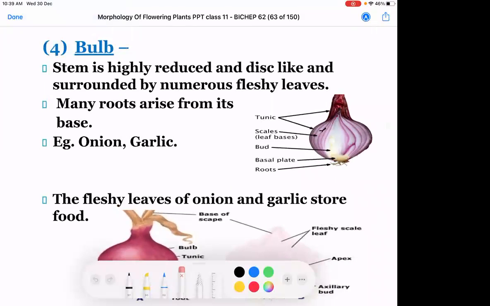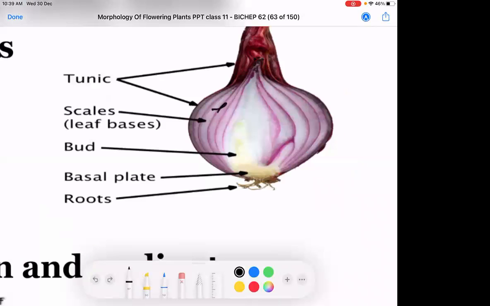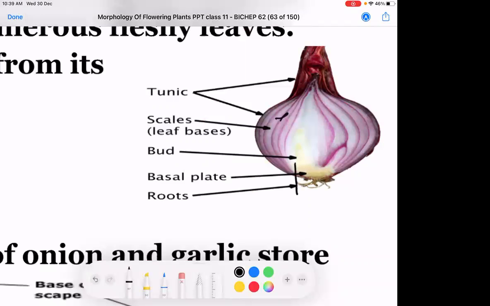Fine. Last one is bulb. Now the stem is highly reduced and becomes a disc-like stem. Onion, which is very commonly found in every kitchen. Now the part that we do not eat, from where you can find the roots growing, it is the bulb actually.